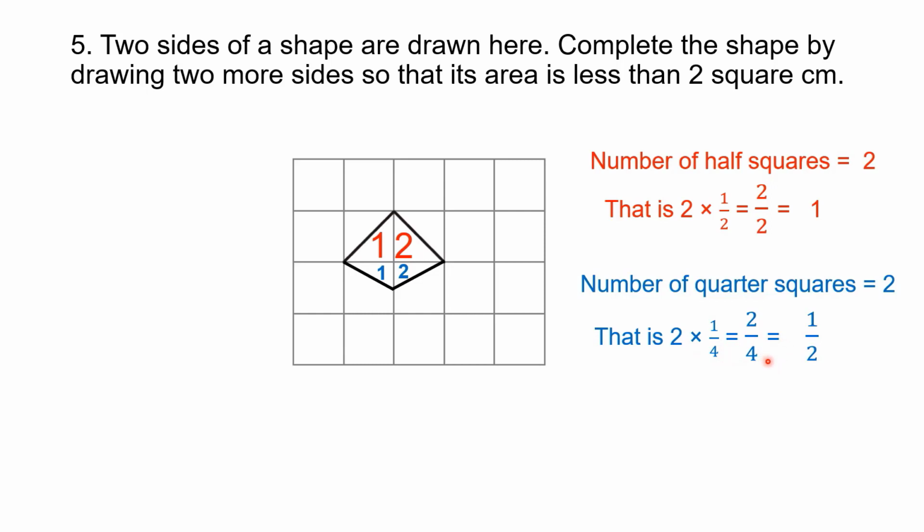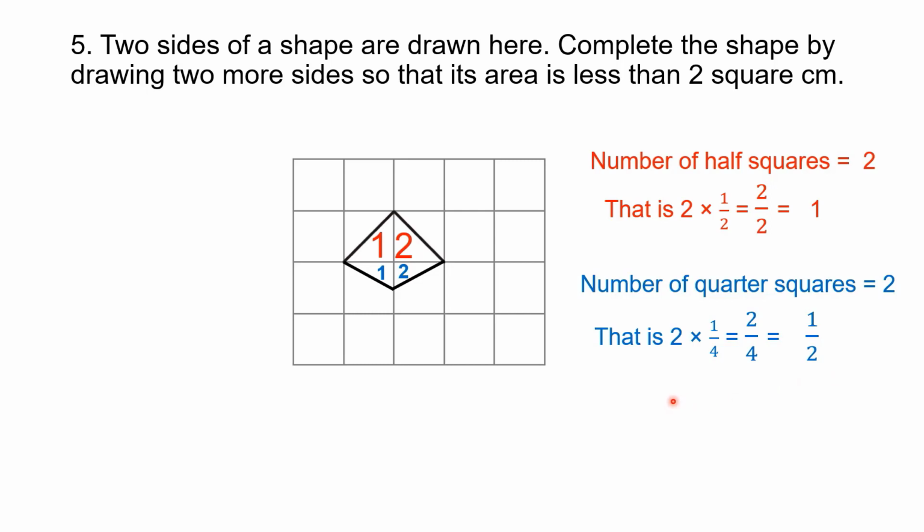That is 1 by 2. Here we are dividing the numerator and denominator by the same number. That is, we are dividing 2 by 2 and 4 also by 2. 2 ones are 2, 2 twos are 4. So 2 by 4 equals 1 by 2.